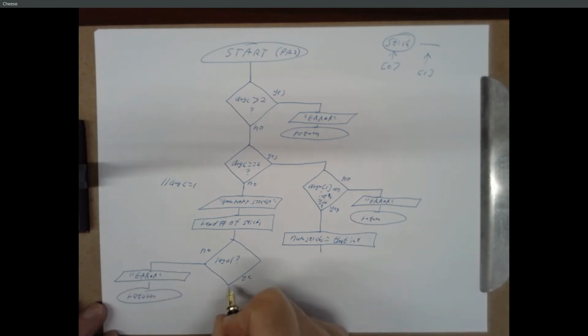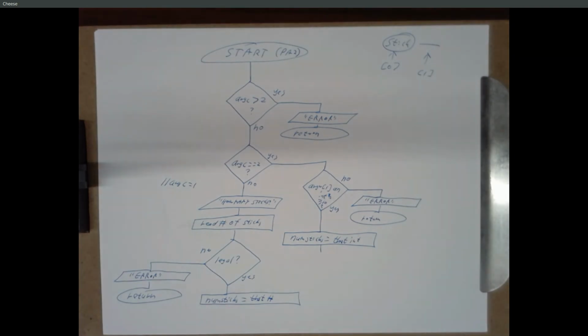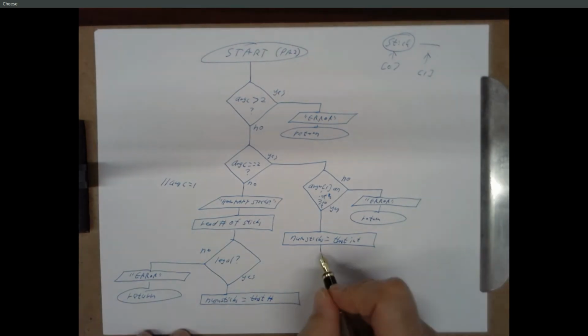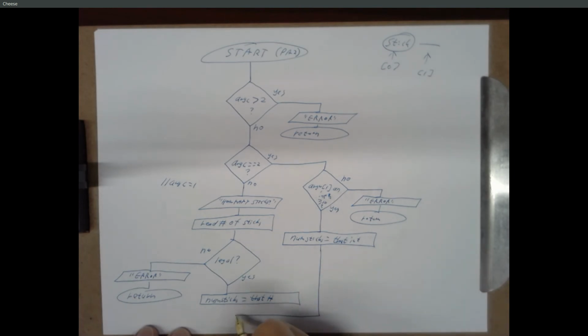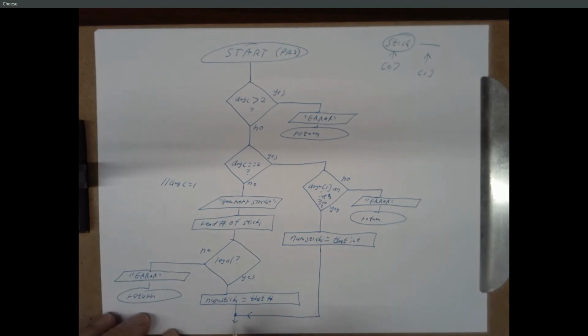If they did type something legal, then we're going to set numsticks equals whatever that number was that they typed in that we decided is legal. So at this point in my program, what have I done? I've decided how many sticks we're going to play with. And we've stored that in a variable called numsticks. Okay, so we'll put a little continuation mark here. We'll go down to page 2.